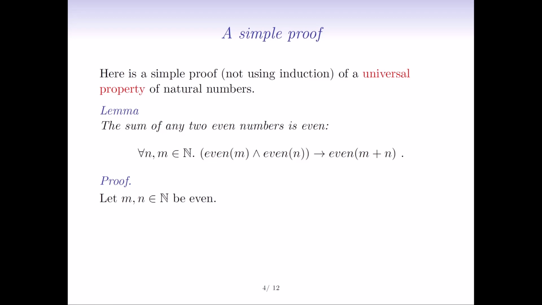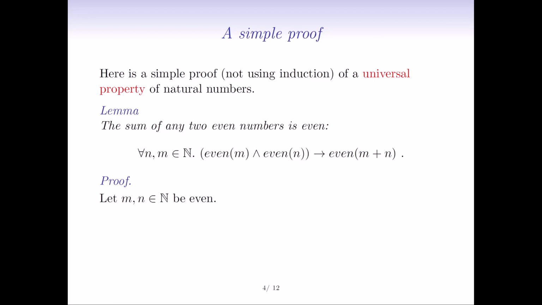We just have to worry about the case when they are. So let's suppose that the left-hand side of the implication holds, which is to say that m and n are both even. Now we must show that the right-hand side of the implication holds. So to show an implication A implies B, the strategy is always to assume A and show B. Although I should say, perhaps not always.